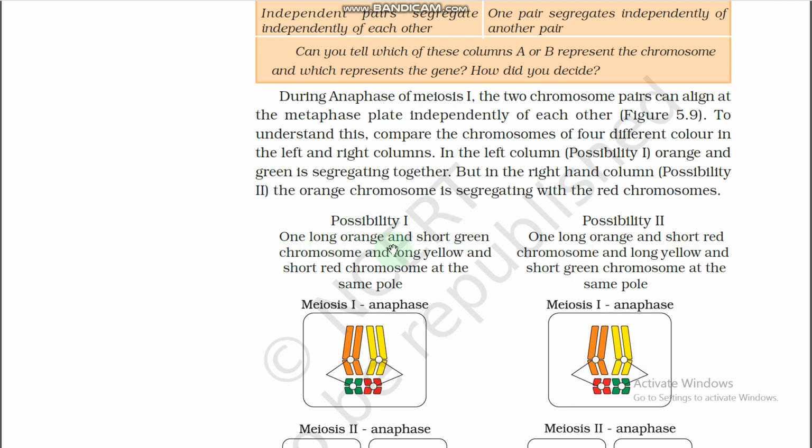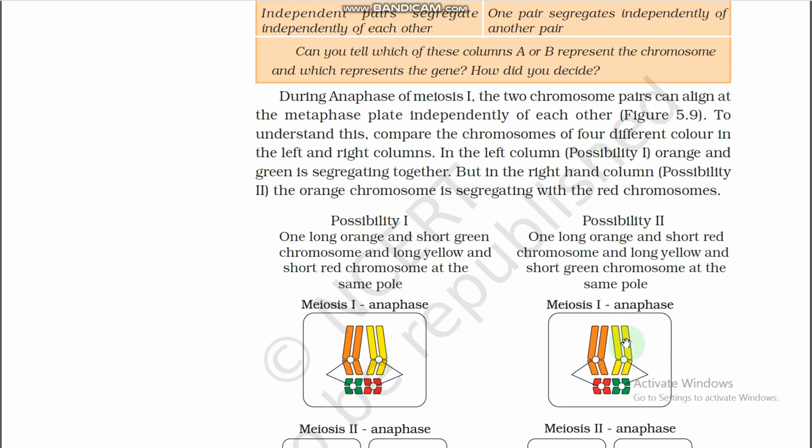One long orange and short green chromosome, and long yellow and short red chromosome. So orange and green, and yellow and red.